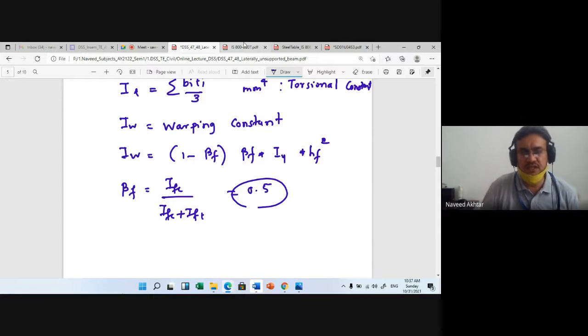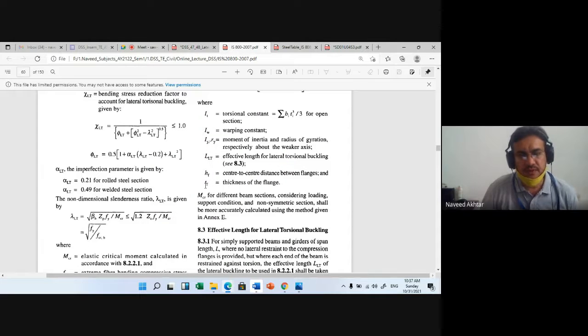IFC is the compression flange constant, and there is IFT.